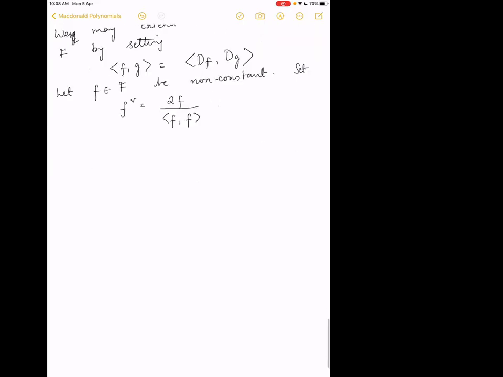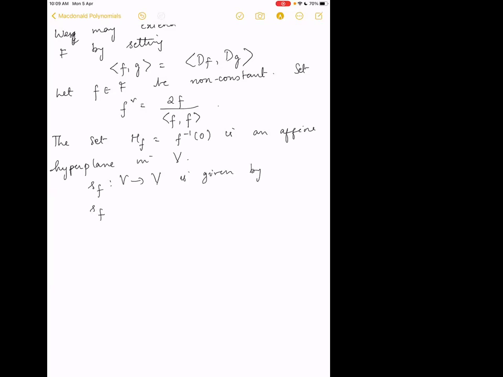And the set H_f, which is f inverse of 0, is an affine hyperplane in V. And we can look at the reflection with respect to this hyperplane. s_f from V to V is given by s_f(x) = x minus f check(x) times df, which is also equal to x minus f(x) times df check.